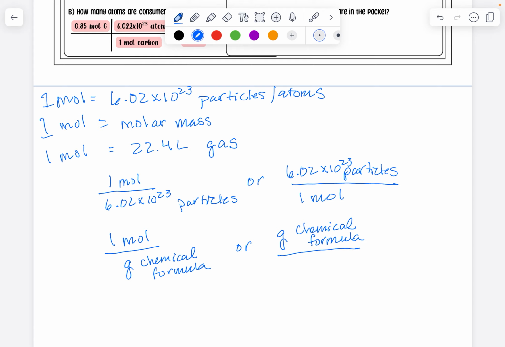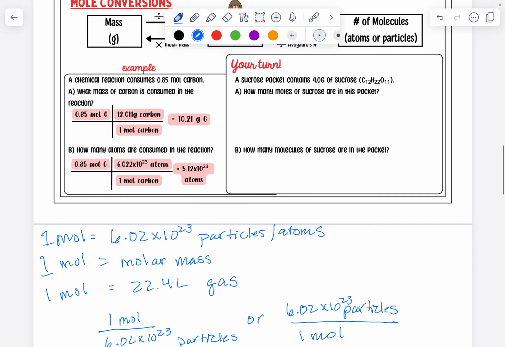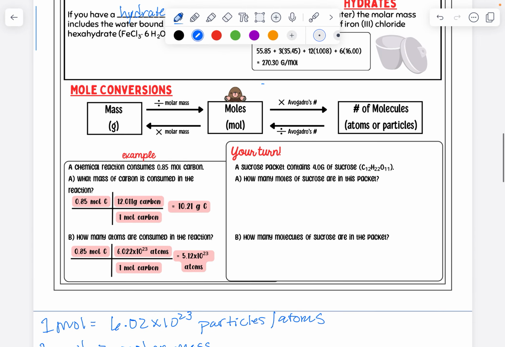Now I'm going to leave out the gas for now because we're going to do that later. But this is important because we're going to use that to cancel out units so that we can convert from grams to moles or moles to particles. But the key is that if you're not given the moles initially, you have to convert to moles first. So you have to go through the mole to do any conversions from mass to particles or particles to mass. You always have to convert it to a mole first.